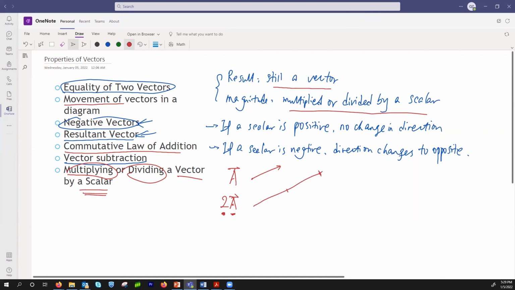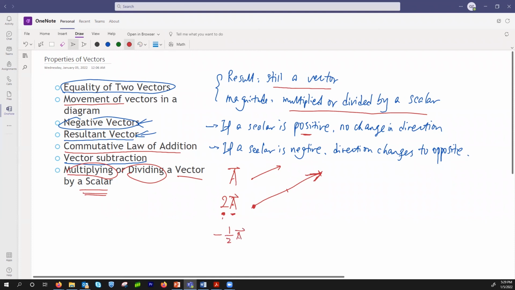Now let's take a look at the direction. If a scalar is positive, there is no change in direction. In this case, the scalar, number 2, is a positive number, which means the direction does not change. So it is still going in the same direction. This is the resultant vector for 2A. Now, what if we are looking for negative 1/2 A?